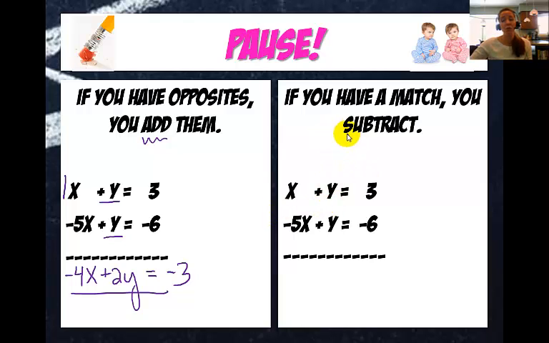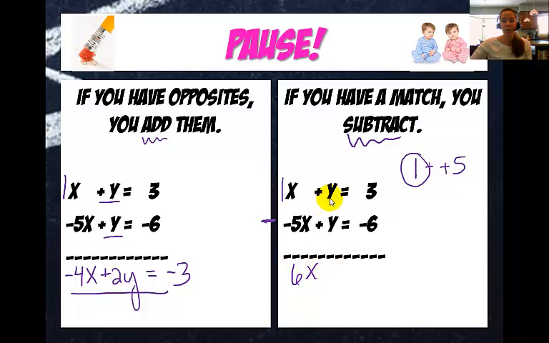If I subtract, here's what happens. 1x minus a negative 5x. I teach my students: keep, change, change. That's actually 6x.